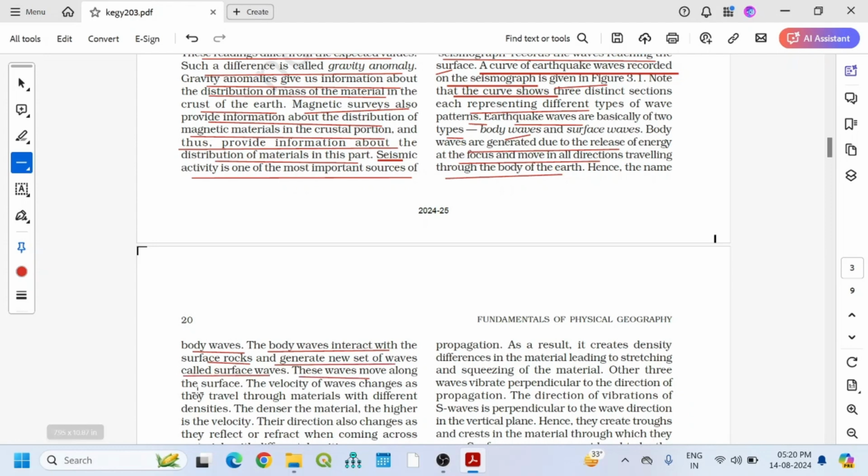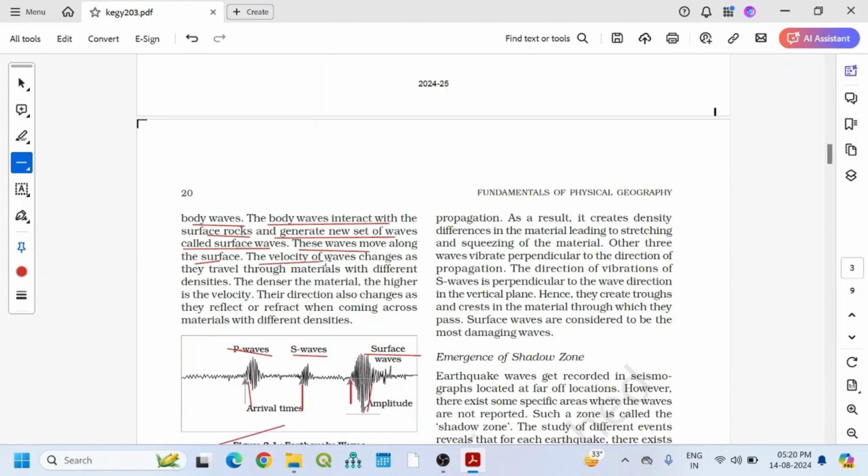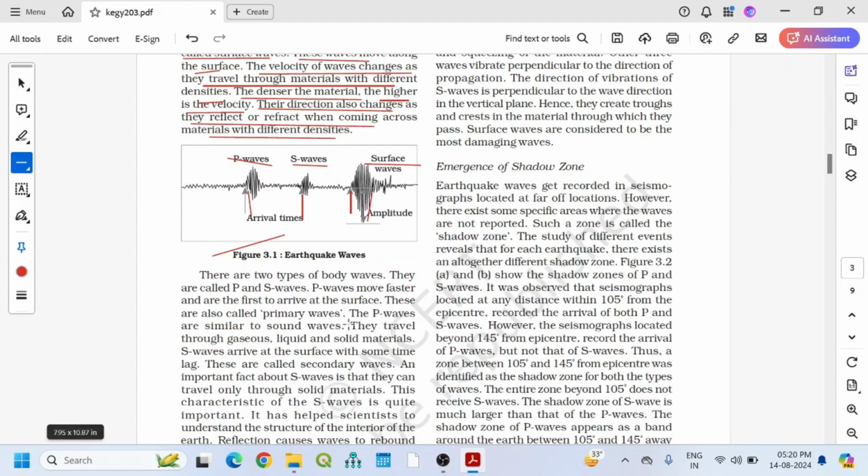These waves move along the surface. The velocity of waves changes as they travel through materials with different densities. The denser the material, the higher is the velocity. Their direction also changes as they reflect or refract when coming across materials with different densities.